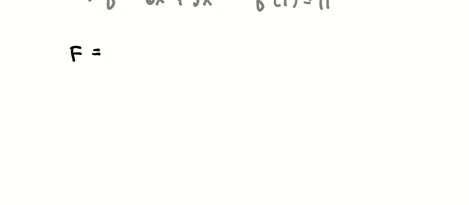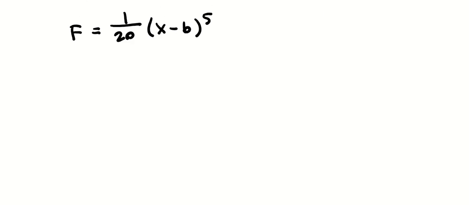f equals 1 over 20 times (x minus 6) to the 5. I don't know, just got to switch up the numbers enough so it's a little different. Okay, this one I might ask you, what's f inverse of 1 over 20?